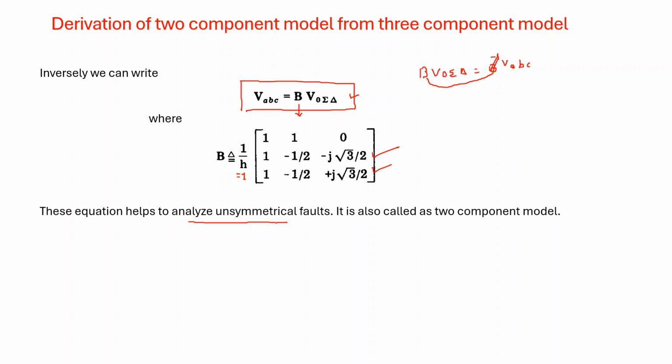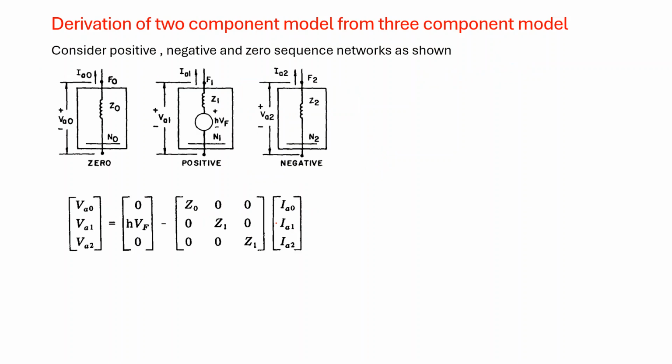In the exam, if they ask for the derivation of the two component model from the three component model, you can end at this equation. But if you continue with the concept showing how three sequence networks are reduced to two sequence networks, you will get more marks. If you write this, it is better.